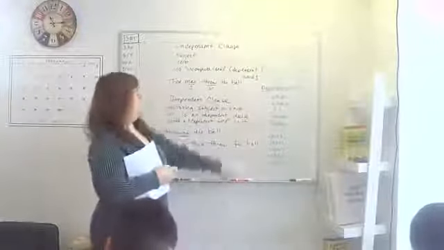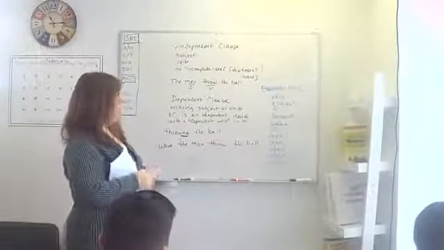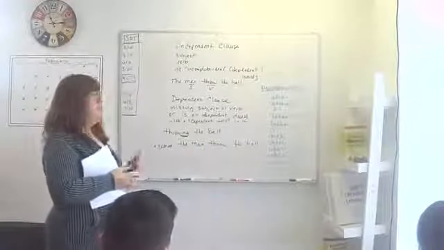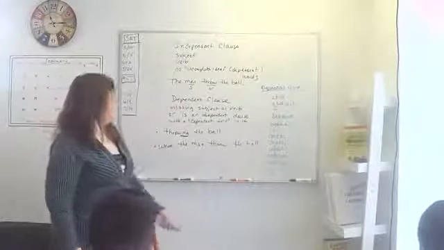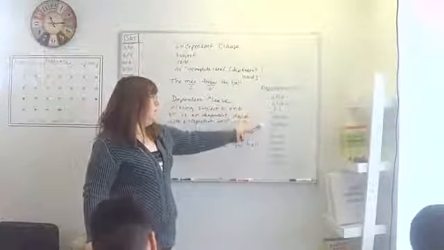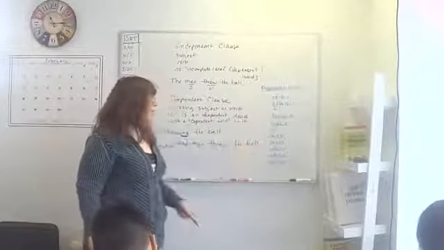Here, this is an incomplete list of dependent words, but these are subordinating conjunctions that you can put at the beginning of an independent clause that creates an incomplete idea. It makes it into a dependent clause. We have after, although, as, because, before, if, once, since, when, where, and while.